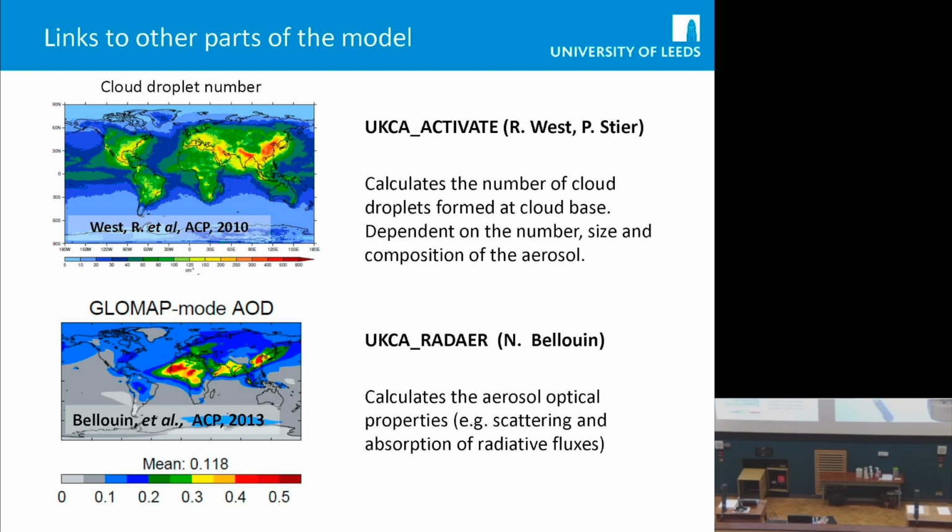So you can see the regions where we've got particularly high aerosol optical depth tend to be where there's a lot of dust, or where there's a lot of anthropogenic pollution. So that's essentially, again, taking all the information from the aerosol modal subroutines, and then working out how that's impacting the incoming and outgoing fluxes of radiation.